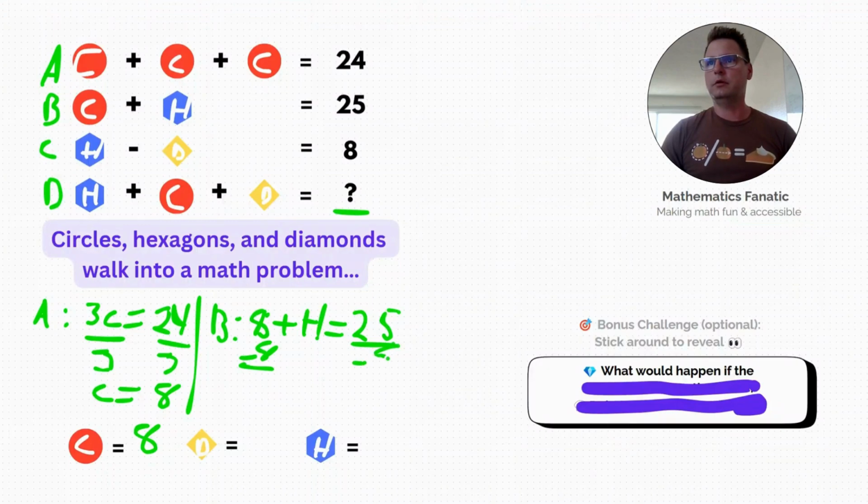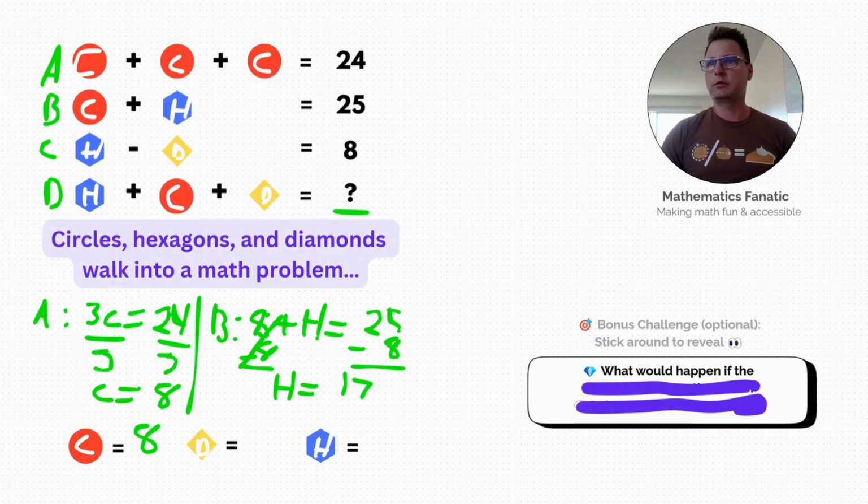Kind of looks like a division problem, doesn't it? Let's rewrite that. 25 minus 8. You probably already guessed what that is, right? So we got H equals 17.